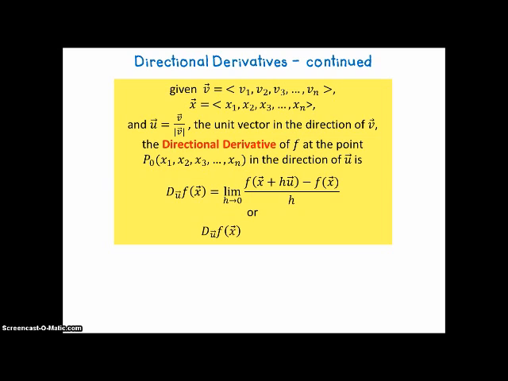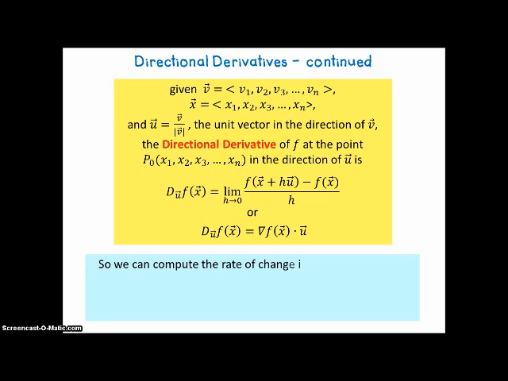And so if you want to develop the formula, you can feel free to do that. But we're just going to use the gradient dotted with u because that's what it comes out to be. So circle that formula. That's what we're going to use.